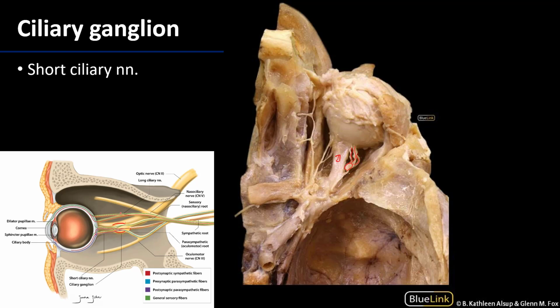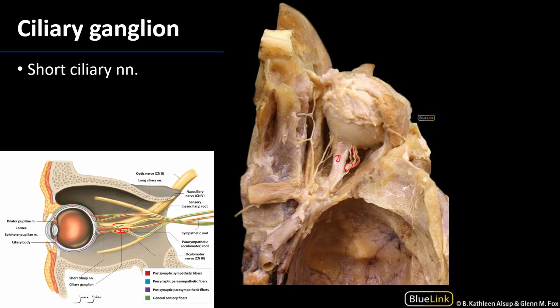The postganglionic parasympathetic fibers are originating there because they're synapsing from the oculomotor nerve to serve the ciliary body and the sphincter pupillae muscles, so for accommodation of the eye and for making the pupils constrict during a parasympathetic response.